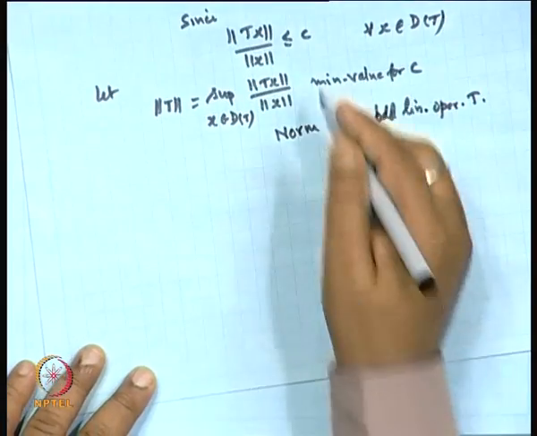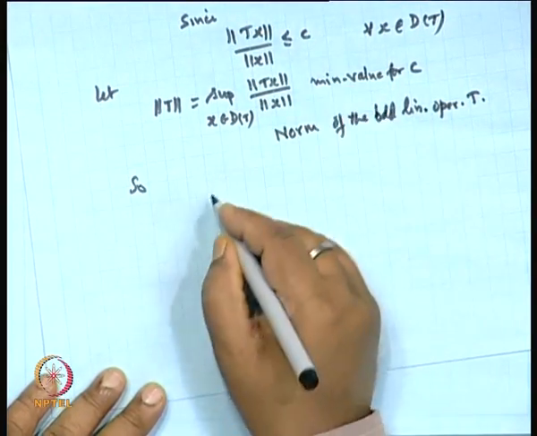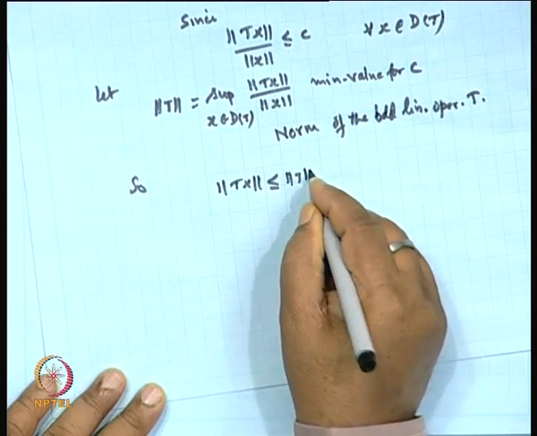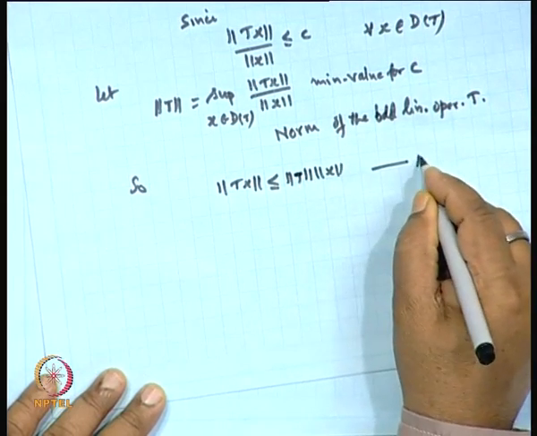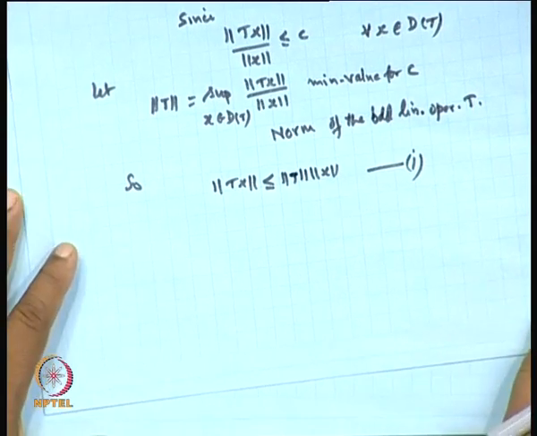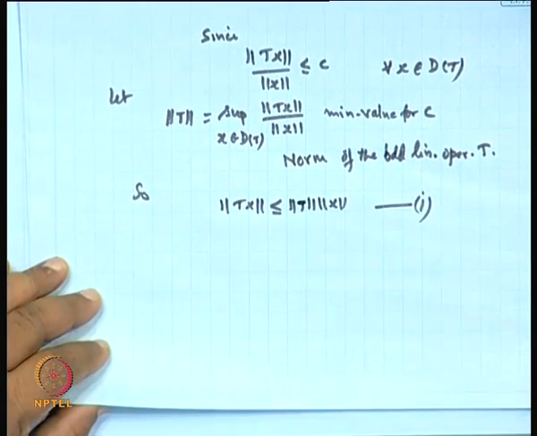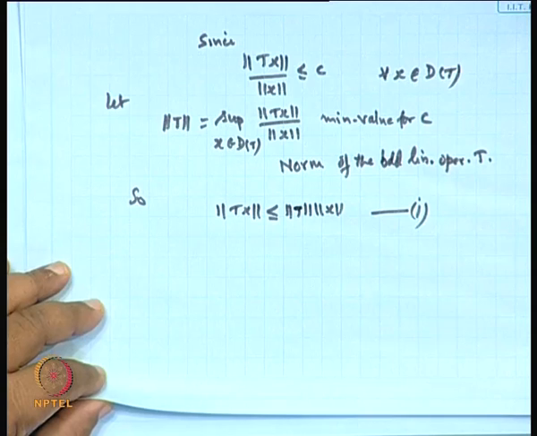And if we use this again, we get the relation that the norm of Tx is less than or equal to the norm of T times the norm of x, and this is an interesting relation which will be used very frequently.